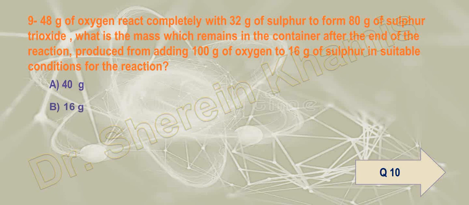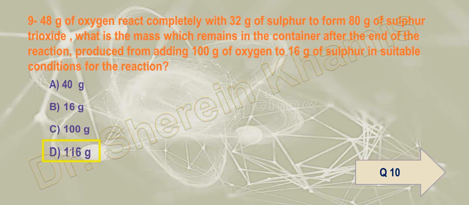The right answer comes from summing oxygen and sulfur as a whole. As we mentioned, 48 plus 32 makes 80 gram.